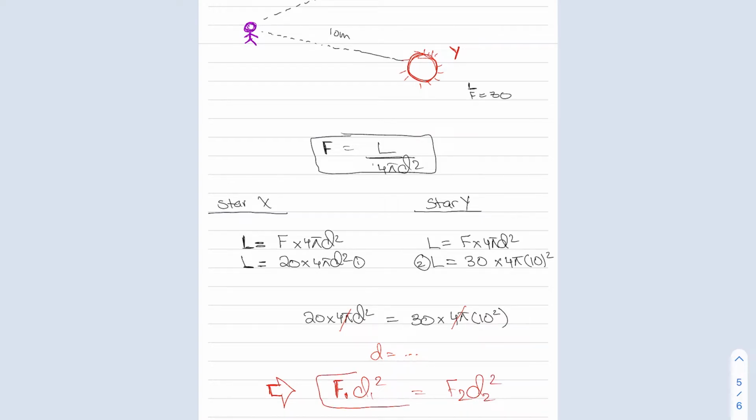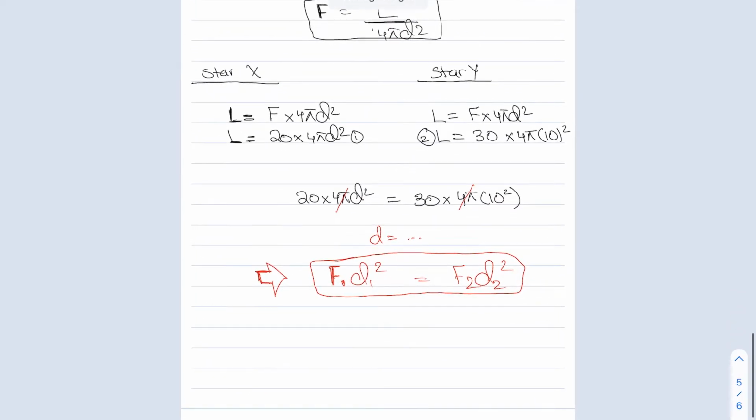F1 being the radiant flux intensity of star 1, F2 being the radiant flux intensity of star 2, D1 being the distance to star X, D2 being the distance to star Y, because 4 pi and 4 pi cancel out, right? So you can use this equation for when two stars have the same luminosity.